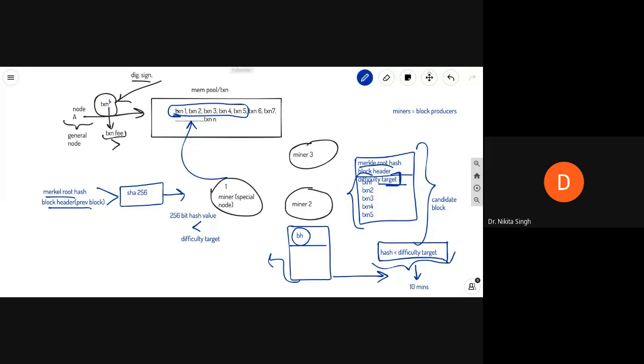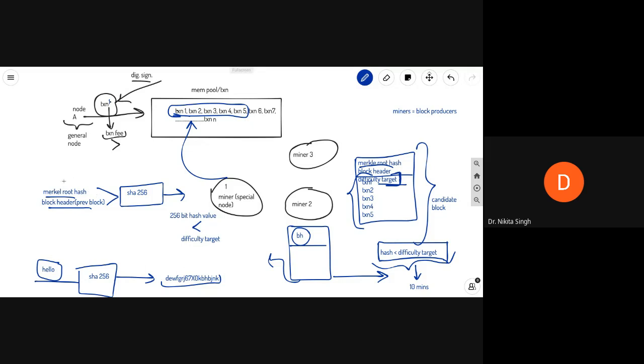Now what actually happens is, we have already studied SHA 256. So we are saying that whenever you pass something through a SHA 256 function, you will always get the same value. So for example, if I pass hello, I will get a 256-bit value. No matter how many times I pass this hello through this SHA 256 function, I will always get this value.